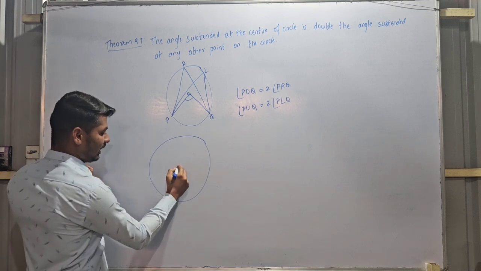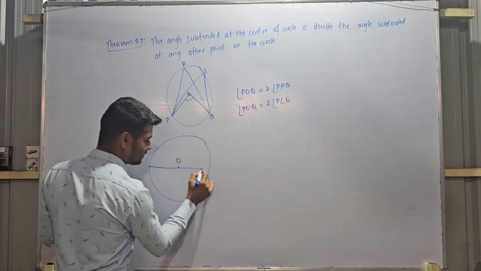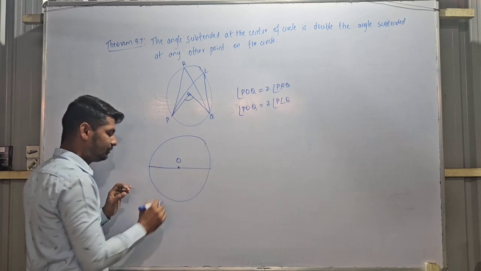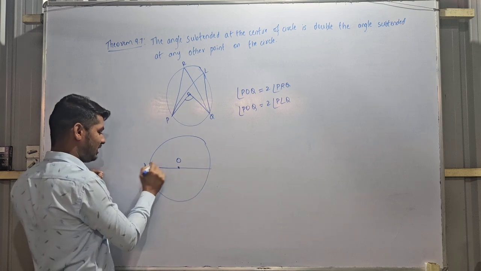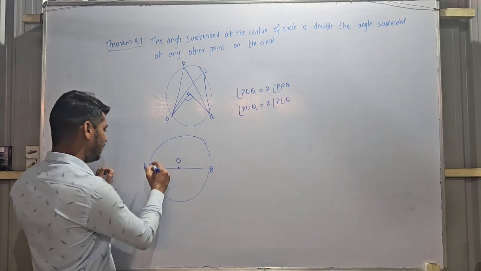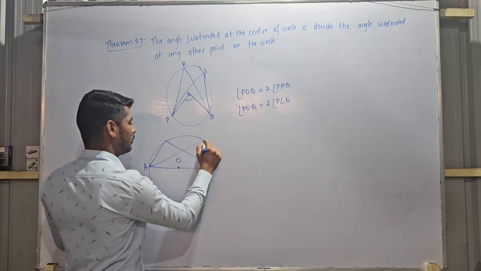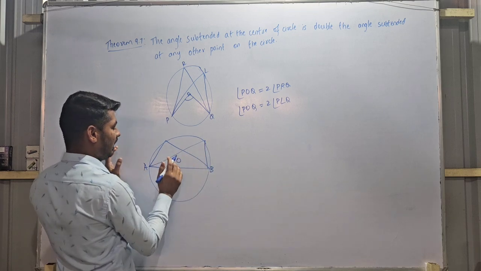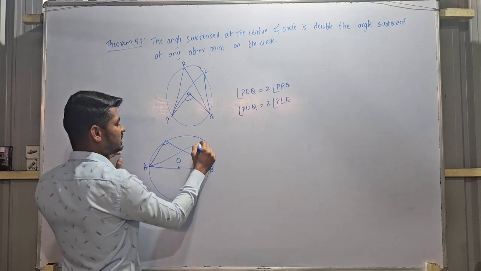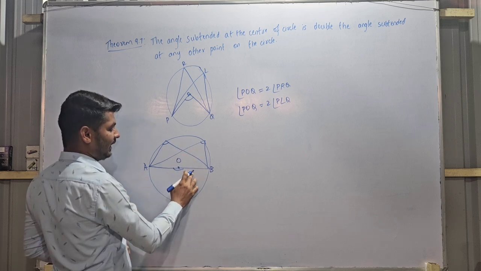For suppose again there is a center O. There is a line passing through the center which is called a diameter. Let us consider that AB is the diameter. AB is the diameter means these angles are equal. These angles will be half the angle subtended at the center.